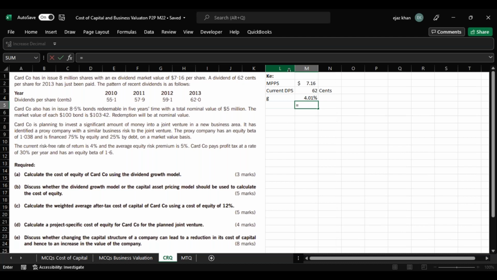Now the cost of equity will be equal to the recent dividend times 1 plus growth, divided by the market price. The market price is in dollars, whereas the dividend that we have put is in cents. So we have to change the market price into cents as well. So we will write 7.16 times 100 in order to convert it into cents. And then we need to have the growth rate at the end.